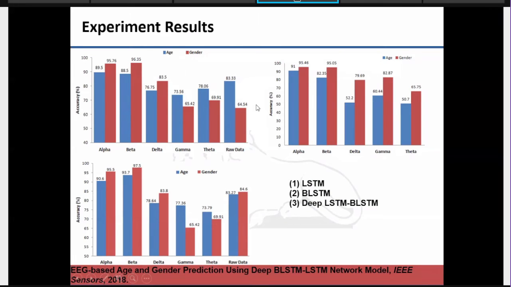When we use this BLSTM, LSTM deep learning format, our performance is a little better, because as you know, deep learning provides better results than traditional machine learning algorithms. With this deep BLSTM, LSTM, the gender accuracy could be 97.5 and the age accuracy is 93.7. This shows how deep learning provides better results than traditional machine learning algorithms. Any doubts till now? Any questions?